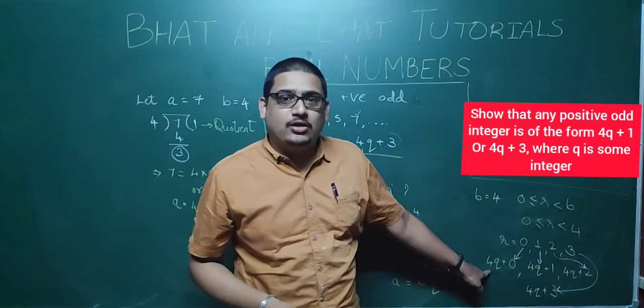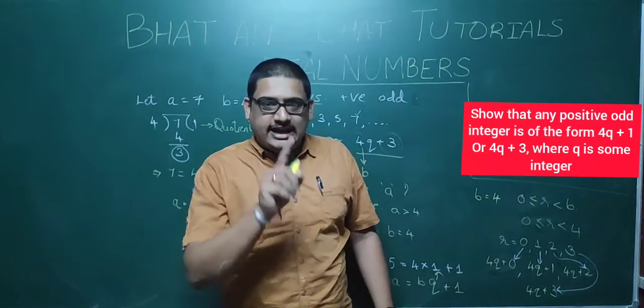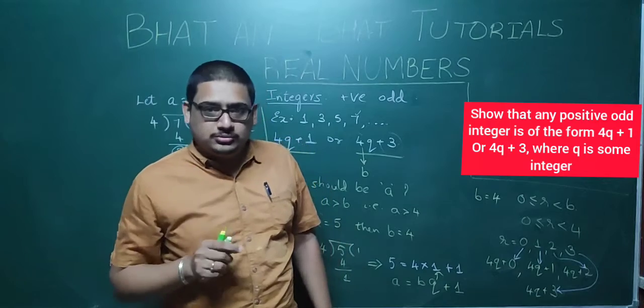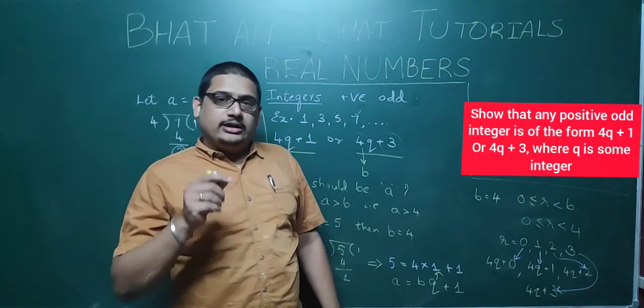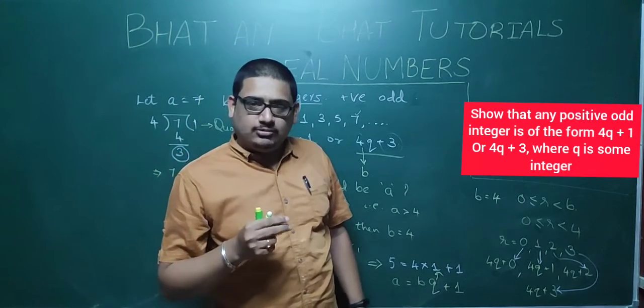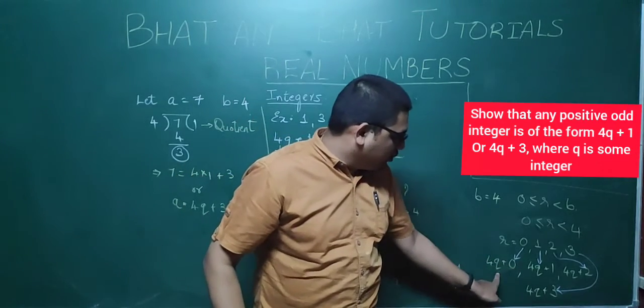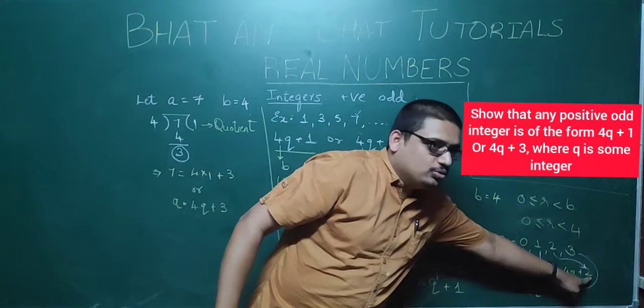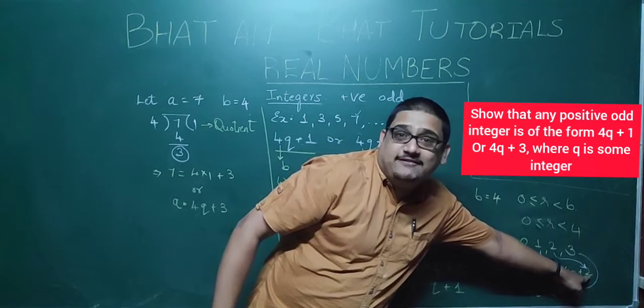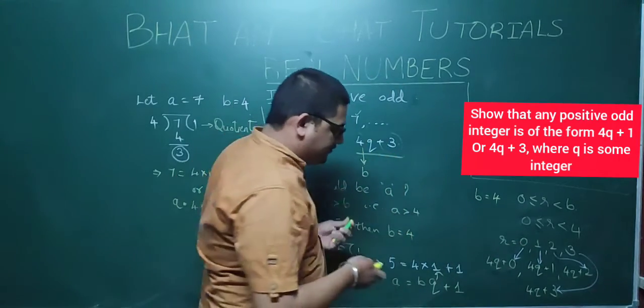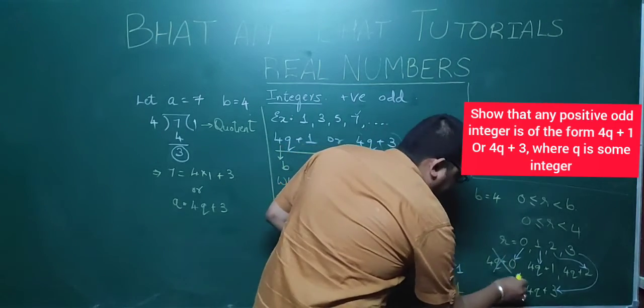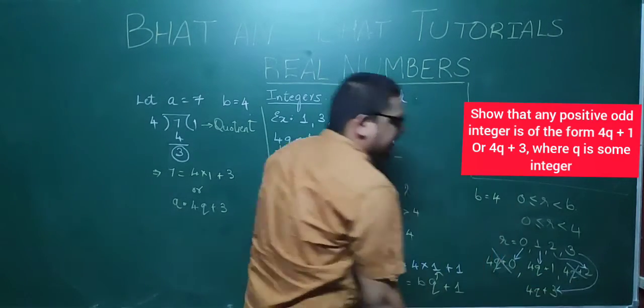So take the example of 8. 8 can be written as 4 into 2. If I add 2 to 8, what will it become? 10. That is, 4 into 2 plus 2 becomes 10, so it is an even integer. Therefore, an odd integer will not satisfy this condition.